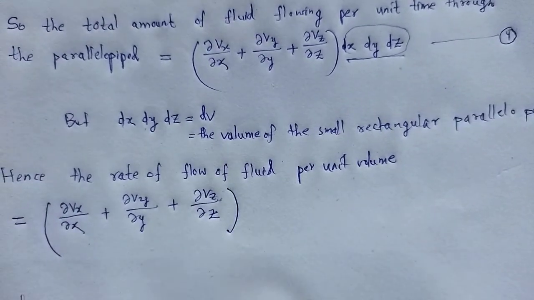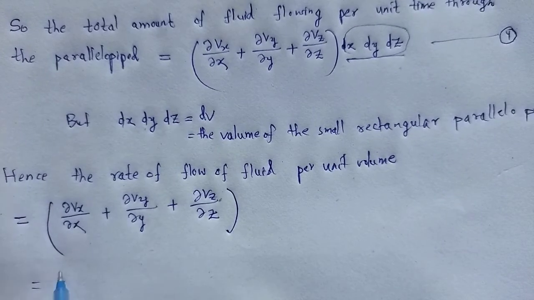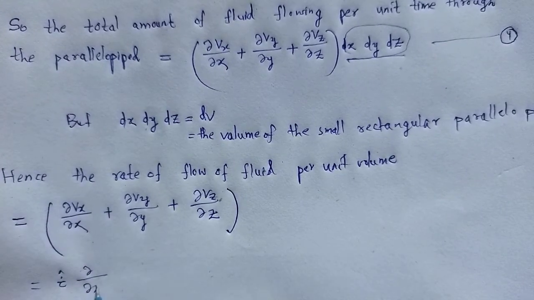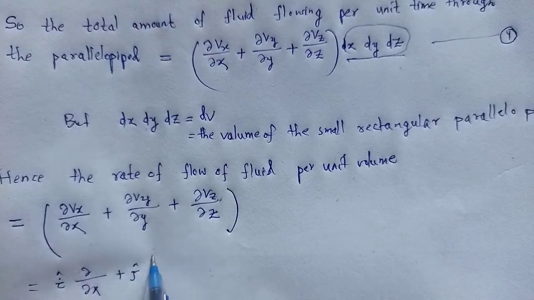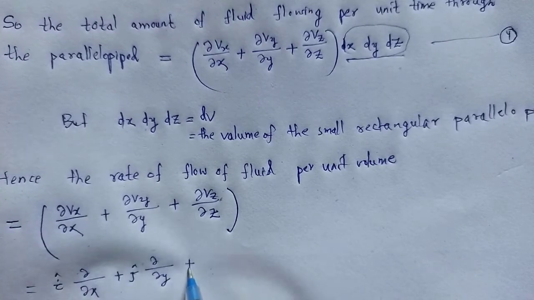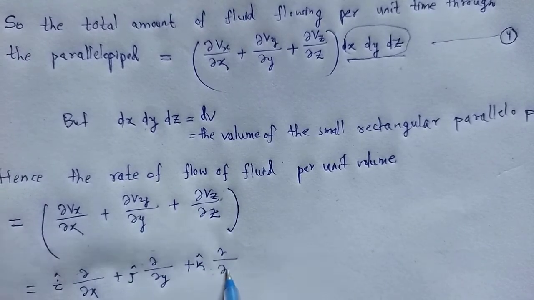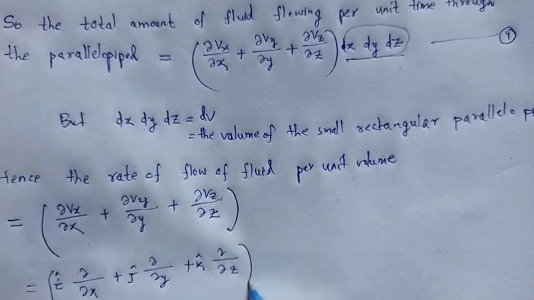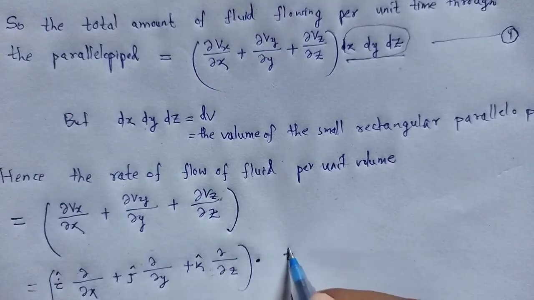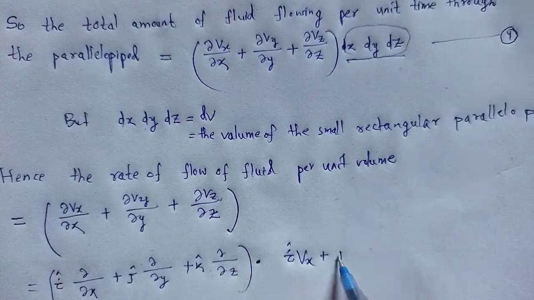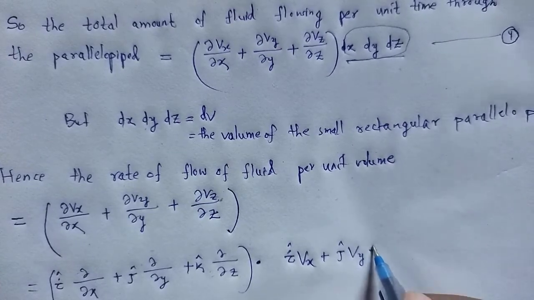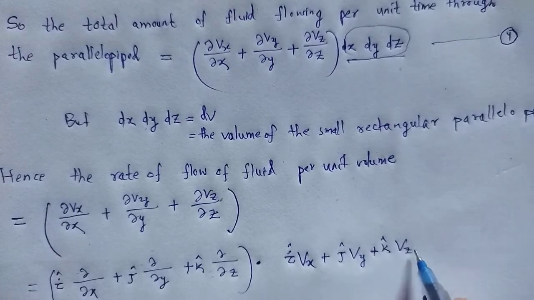We can write this as i cap del by del x plus j cap del by del y plus k cap del by del z, dot product with i cap Vx, j cap Vy plus k cap Vz.